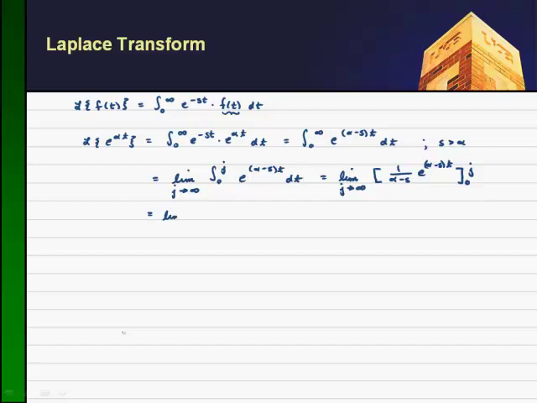So let's write the limit as j goes to infinity, and use the evaluation theorem, applying the upper and lower limits. I get 1 over alpha minus s, and at j this becomes e to the alpha minus s j, minus 1 over alpha minus s times e to the 0, and e to the 0 of course is just 1.